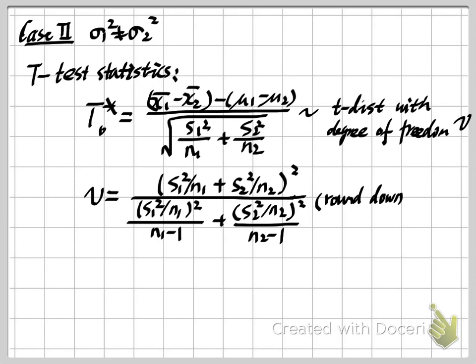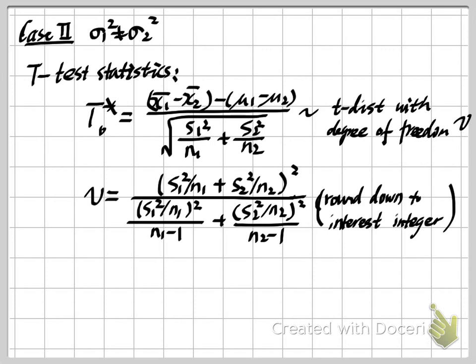We will round it down to a number of interest, based on the T table we use. You can just round it down to a number you can find in our T table, because I think you already use our T table a lot, right?